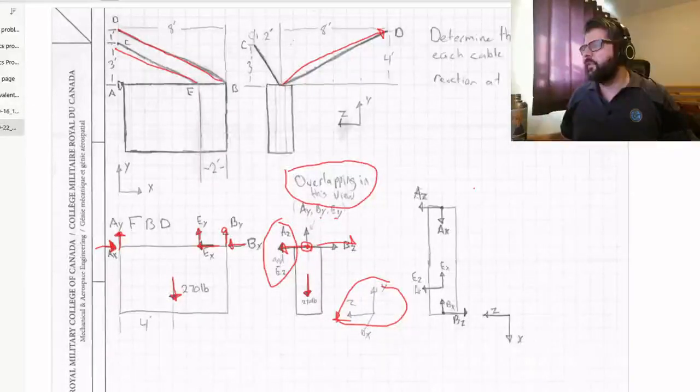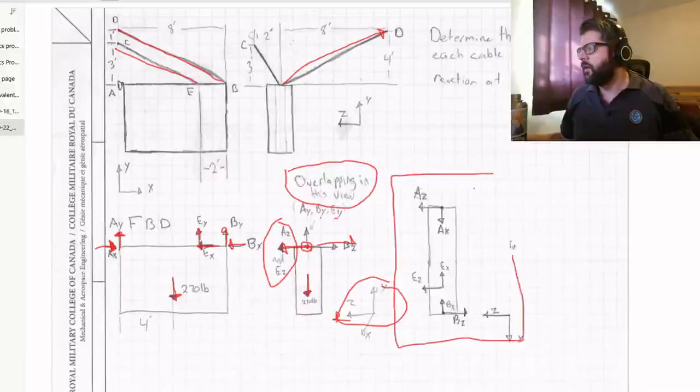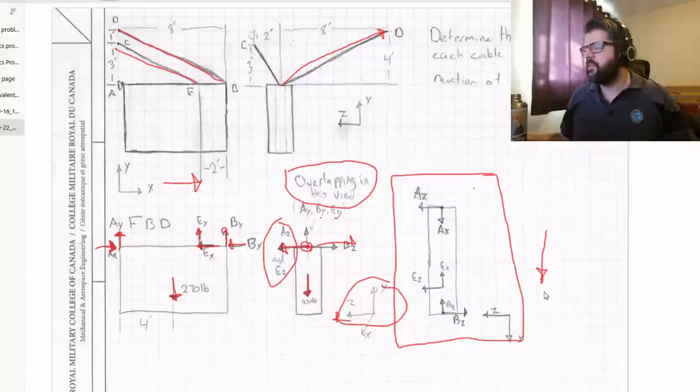So I also drew a top-down view here. Just looking at this thing top-down, the X direction here is going to be located downwards, and we're going to have the Z direction still positive that way.